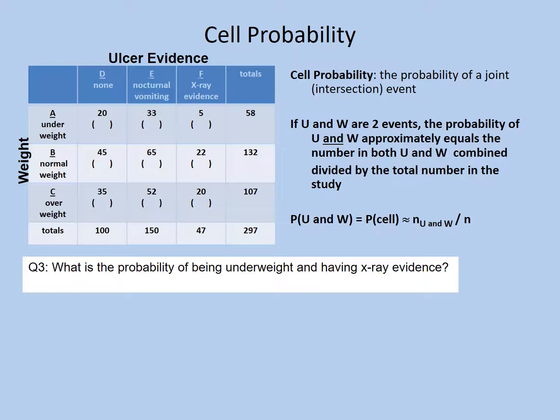As a third question, what is the probability of being underweight and having X-ray evidence?